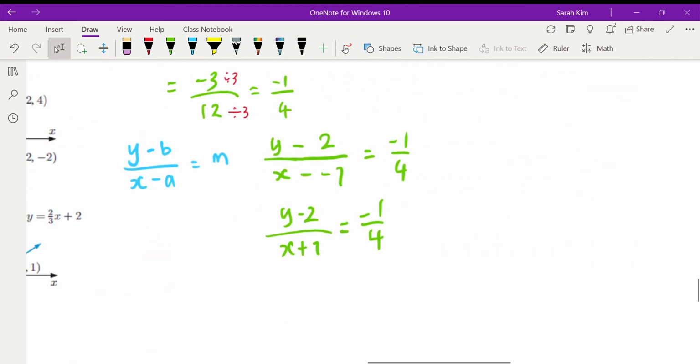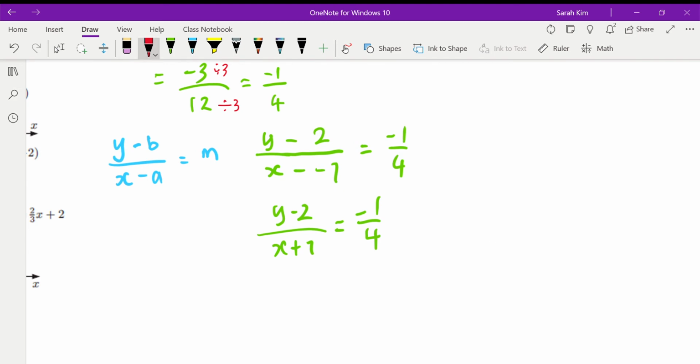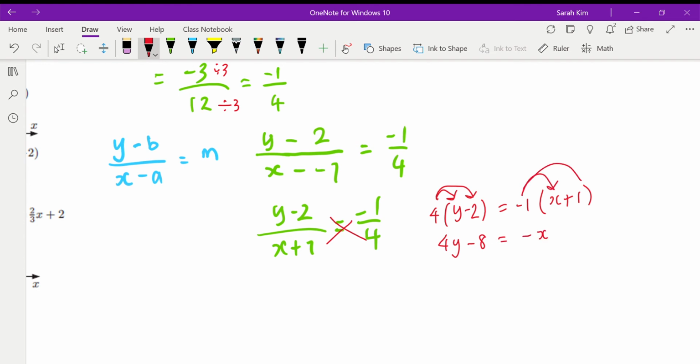Right, so I want to put it into general form. What I have to do is cross multiply. I will times y take 2 by 4, and I will times -1 by x plus 7. And then I have to expand. 4 times y is 4y, 4 times -2 is -8, -1 times x is -x, -1 times plus 7 is -7. I'm so close, but remember my general form looks like Ax plus By equals a constant, so I have to make sure that x is on that side.